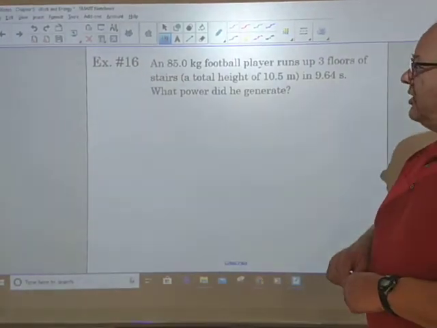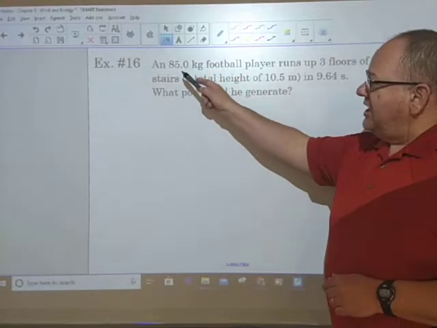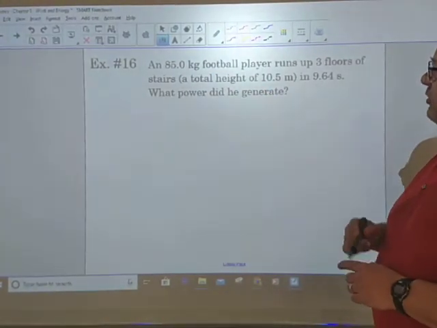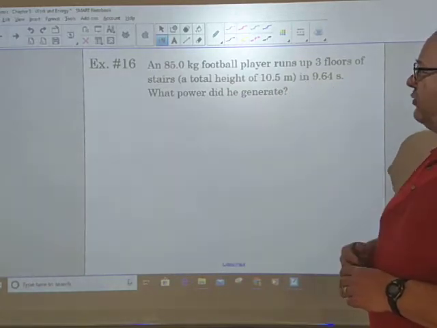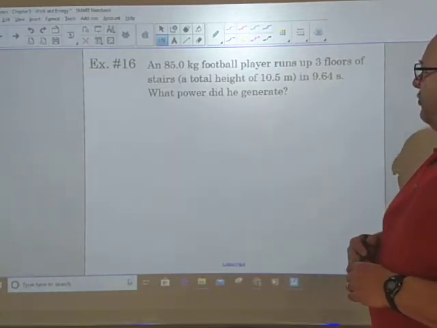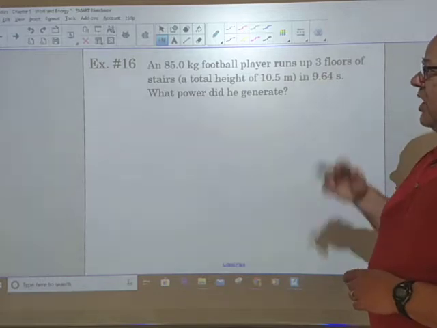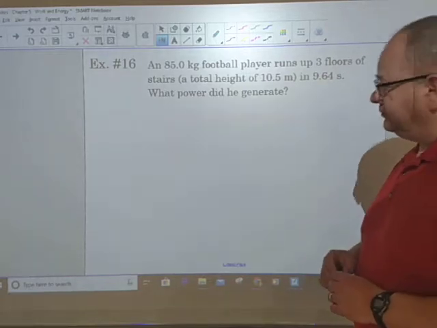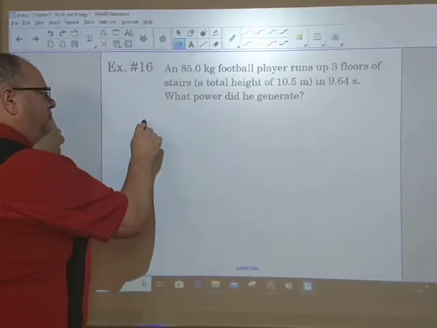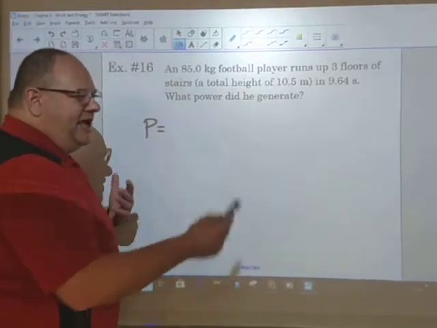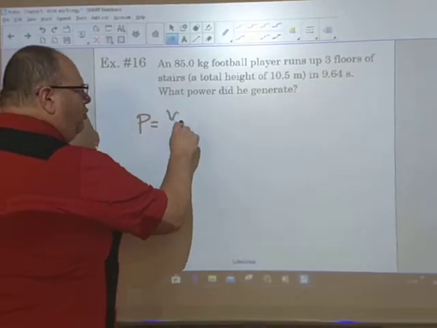So let's do a power calculation. We've got an 85.0 kilogram football player who runs up 3 floors of stairs, a total height of 10.5 meters, in 9.64 seconds. What power did he generate? Well, power is energy over time or work over time.